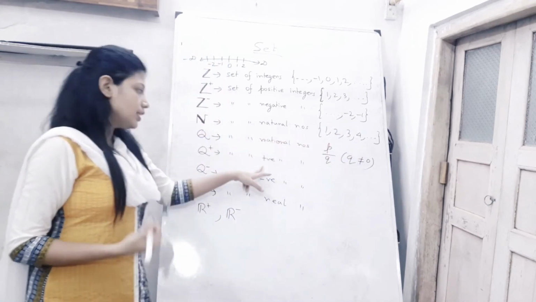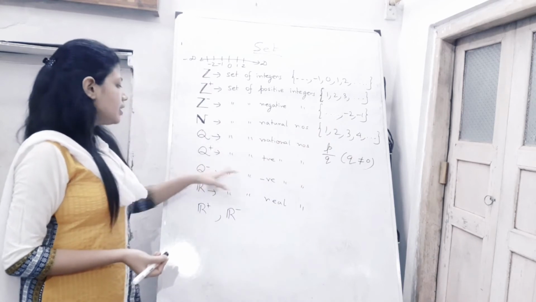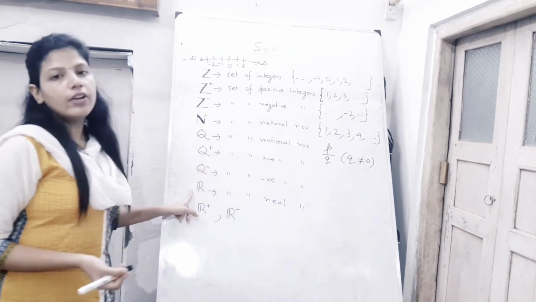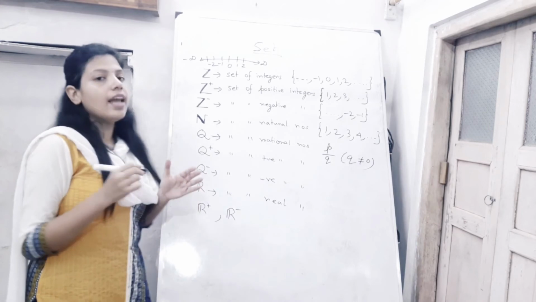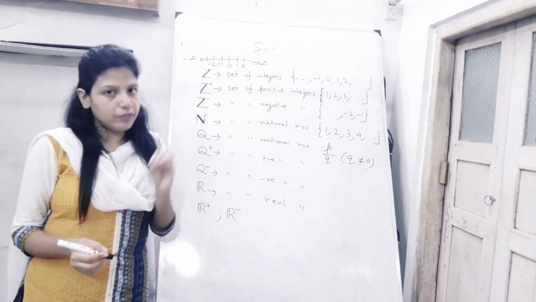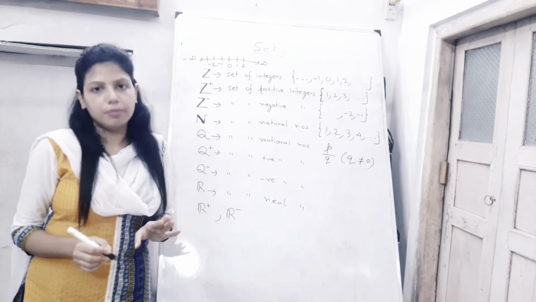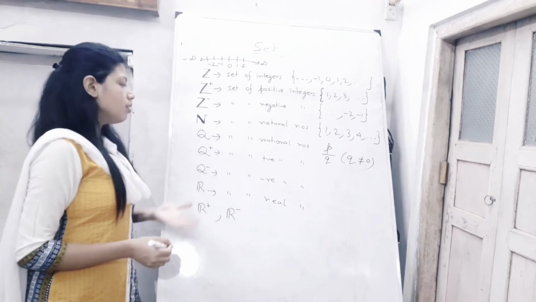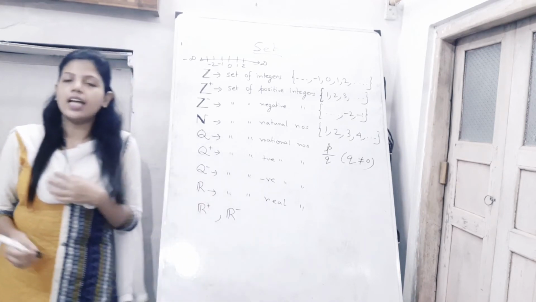Q plus is positive rational numbers, Q minus is negative. Till now, whatever numbers we have used, all of them are real numbers. One more number is there, the complex number, which I will tell later.